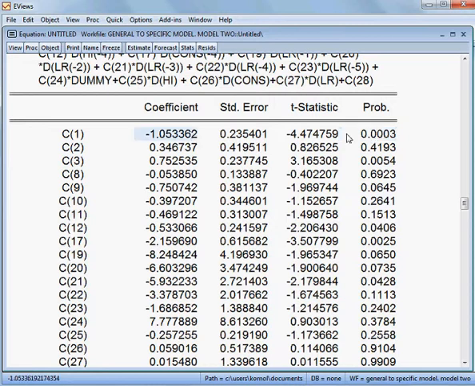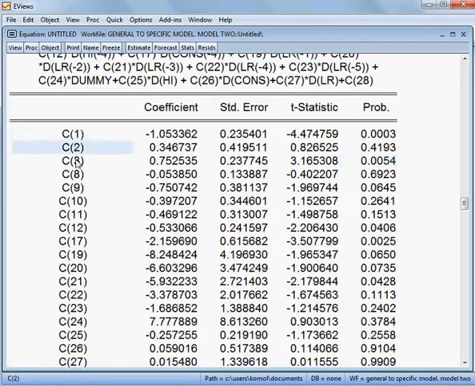But C2, you see that the sign is positive, that is not good, and it is not significant, that is also not good. C3, the sign is positive, but it is significant, that is a good sign.